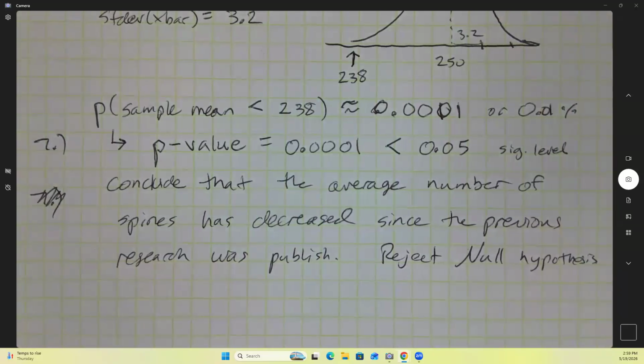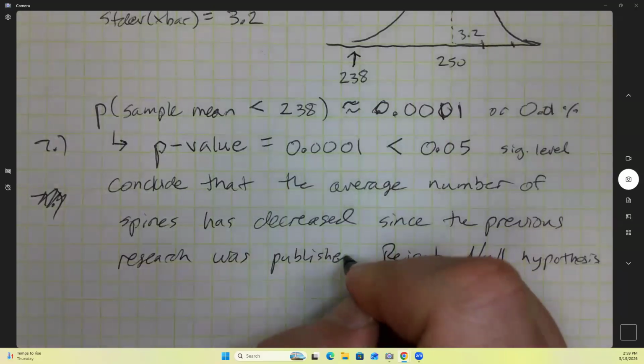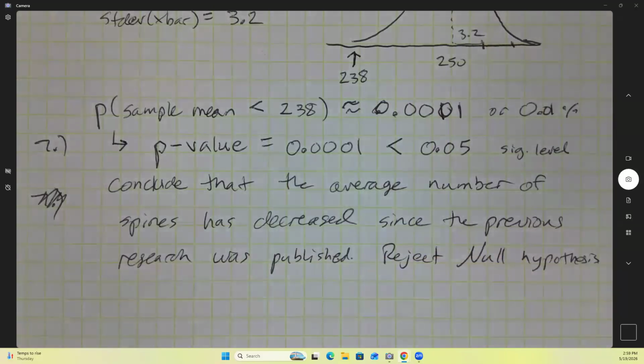But if you just say to someone, I reject the null hypothesis, unless they're a statistician, they're not going to know what you mean. It's better to say, I conclude that the average number of spines has decreased since the previous research was published.